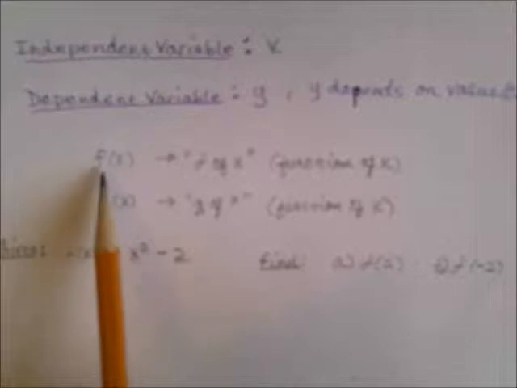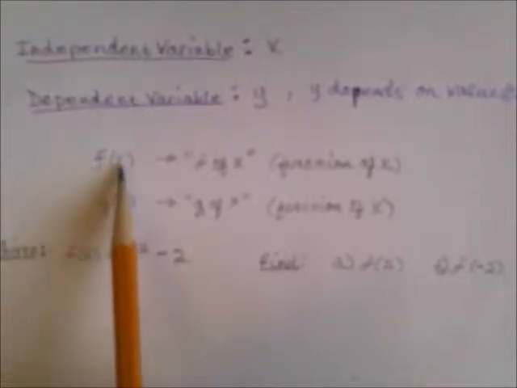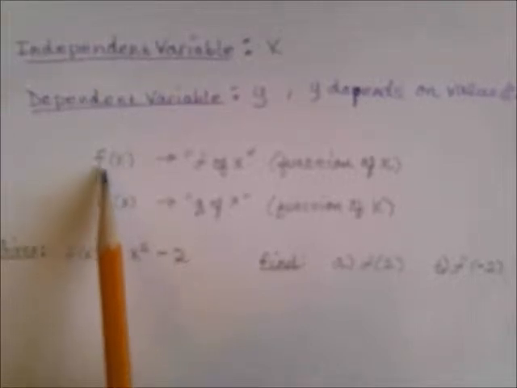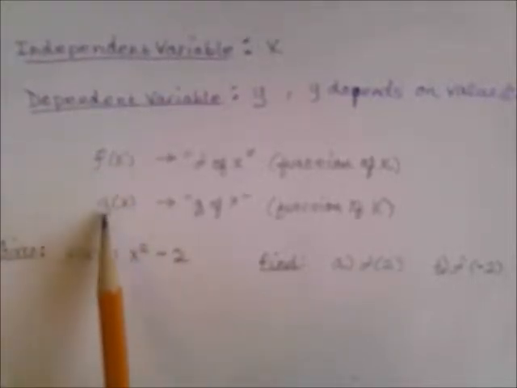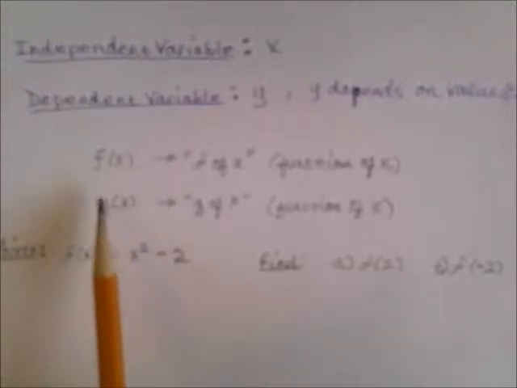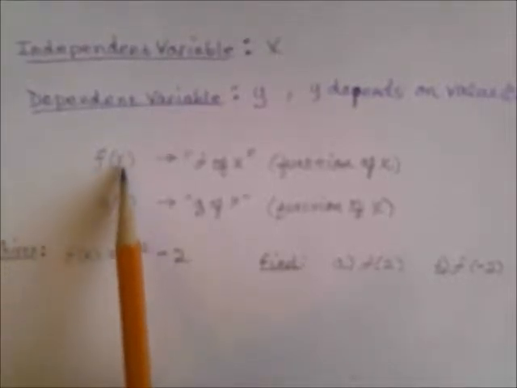Okay, now when we see this notation here, function notation, this is read as the function of x, so it's read as f of x. Down here it's g of x. You can use h of x, any letter you want, but it's talking about a function, and it's saying the function of x.